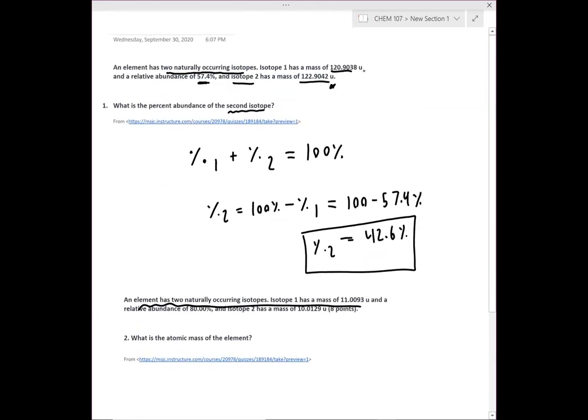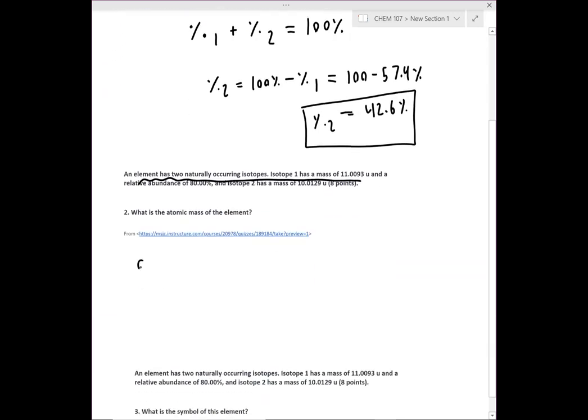Given the masses and the percent abundances, we can calculate our atomic mass. So our average atomic mass in this case is equal to the percent abundance of isotope 1 times the mass of isotope 1 over 100 plus the percent abundance of isotope 2 times the mass of isotope 2.